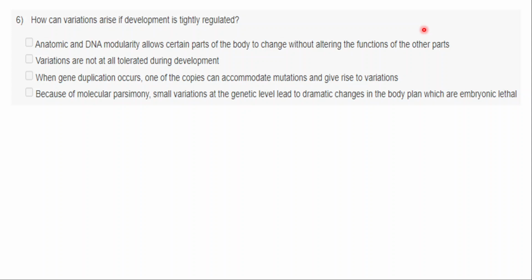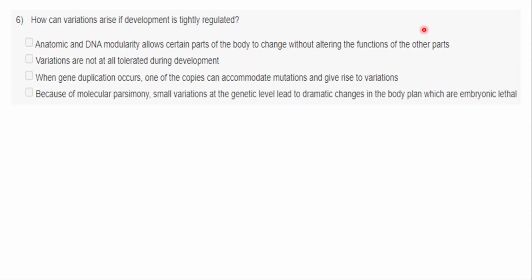Option B. Variations are not at all tolerated during development. Option C. When gene duplication occurs, one of the copies can accommodate mutations and give rise to variations. Option D. Because of molecular parsimony, small variations at the genetic level lead to dramatic changes in the body plan which are embryonic lethal. So these are the four options.